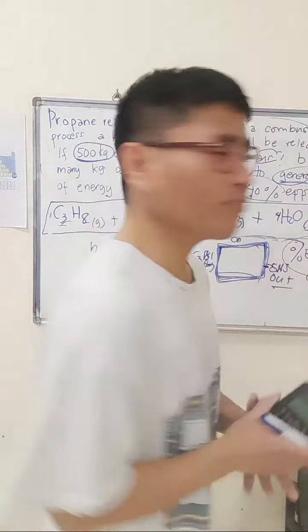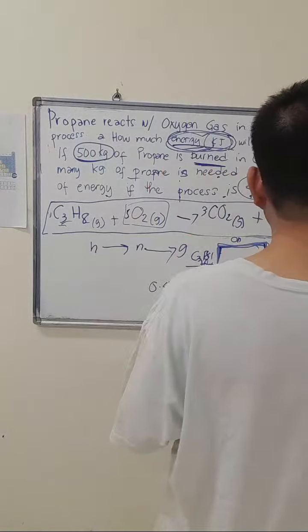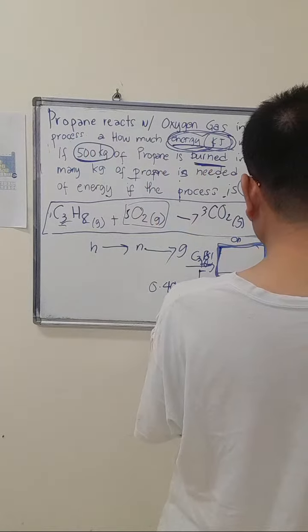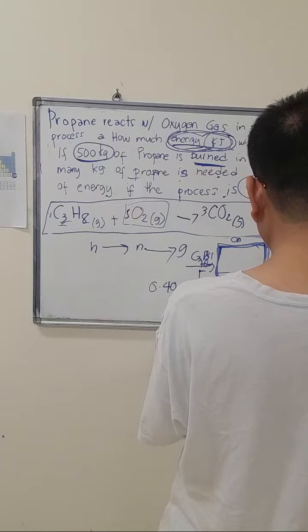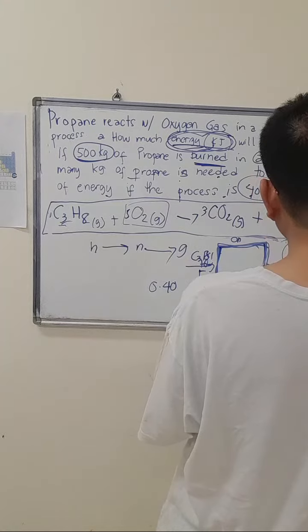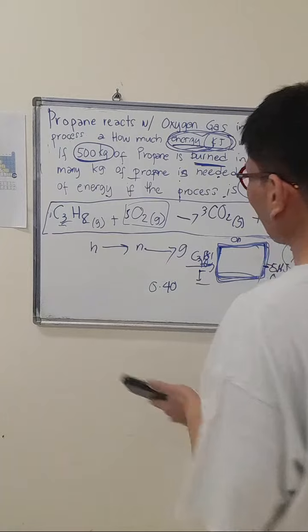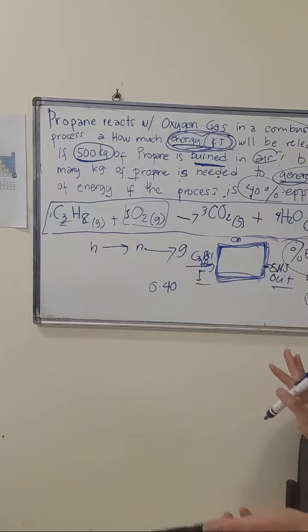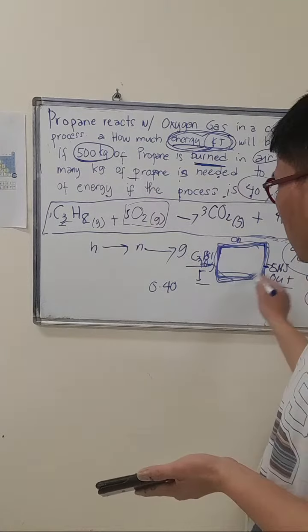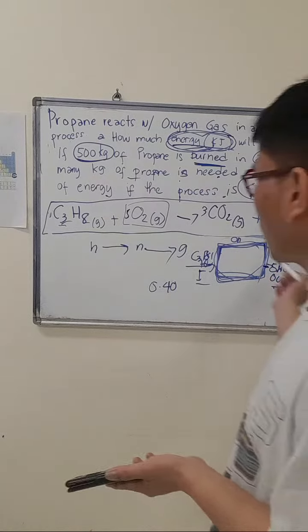So it's going to be 5 divided by 0.4. We have 12.5 megajoules. So 12.5 megajoules is your work input in your combustion process. Use this as your basis of the calculation.